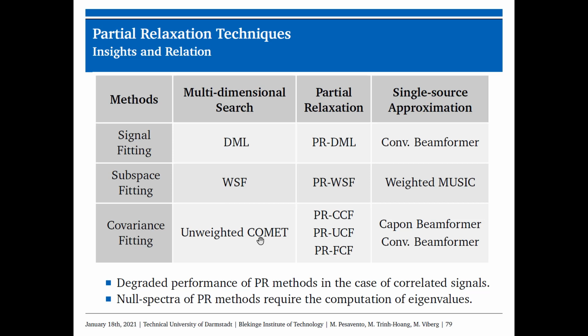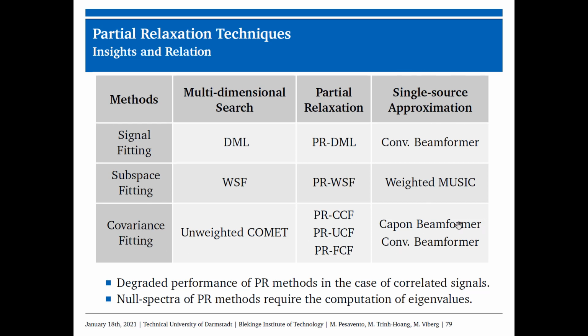Next, if we restrict the feasible set such that we consider only one source signal during the spectral search, then we come up with the third column, where we obtain the conventional beamformer, the Capon beamformer, and the class of MUSIC estimators. Note that we can obtain one DOA estimator from different criteria. For example, the conventional beamformer is the result of applying signal fitting with a single source approximation, or covariance fitting.